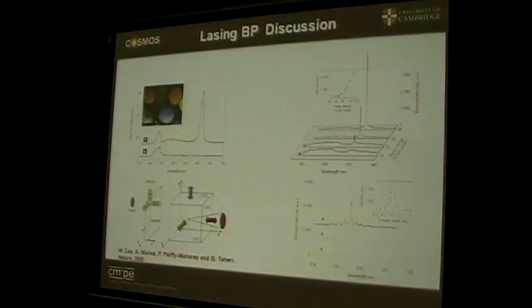Come on to the blue phases to finish off. Yesterday there was some beautiful work done by Peter Palffy-Muhoray's group on lasing blue phases. And the beauty of the lasing blue phases, this is actually BP2, was that because of the high chirality of the system, you have 3 orthogonal axes, drawn rather euphemistically as red, green and blue. That was the pie in the sky.